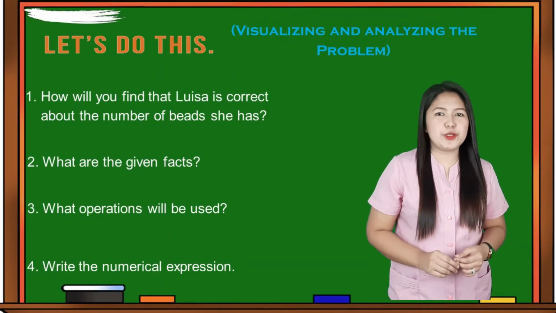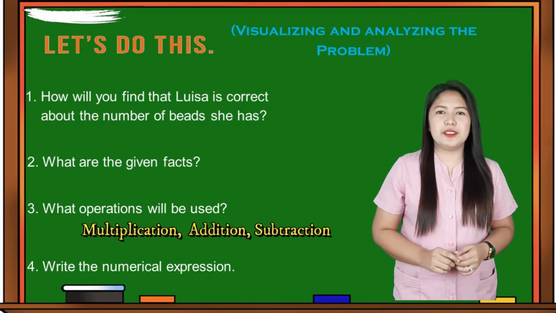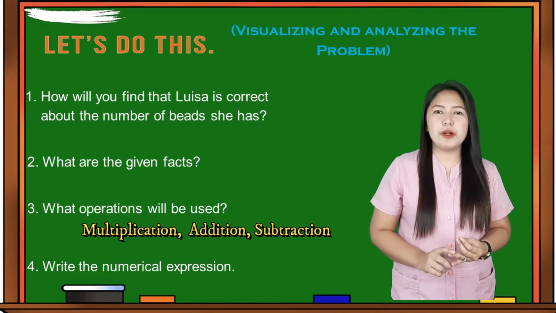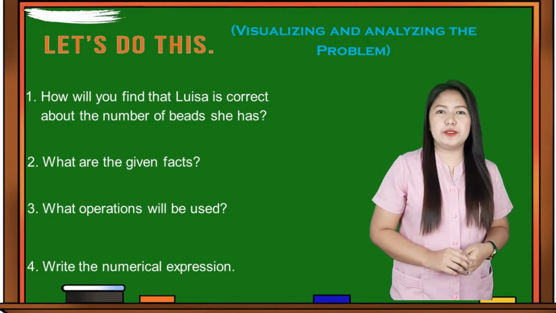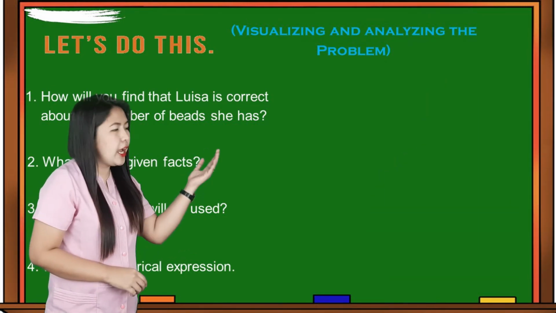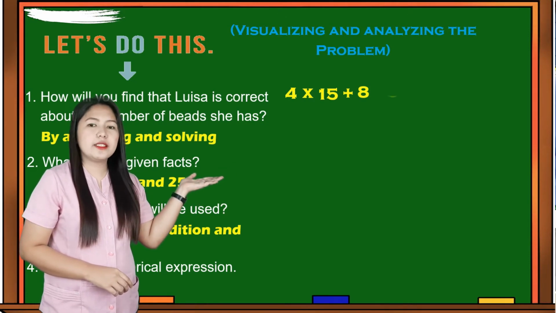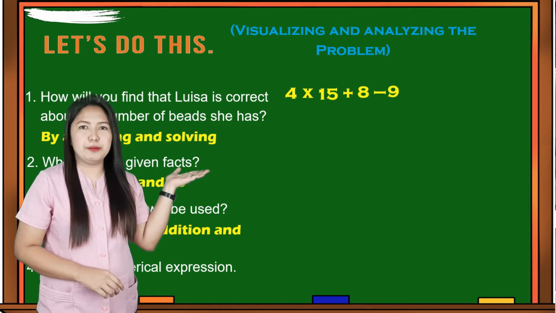Meron tayong multiplication, addition, at subtraction. Dahil meron na tayong given at meron na tayong mga operations, ilalagay na natin sila sa numerical expression. Meron tayong 4 times 15 plus 8 minus 9 plus 25.